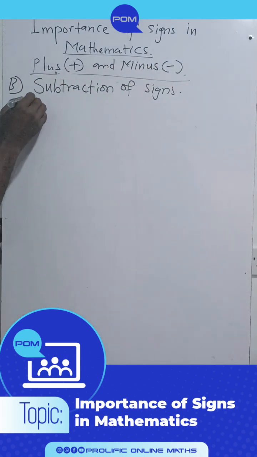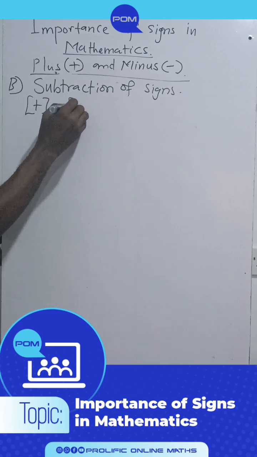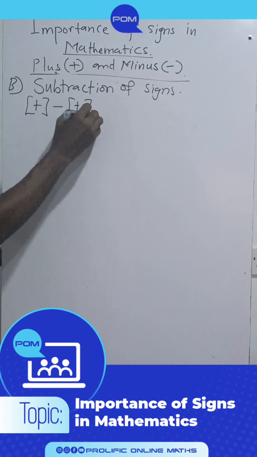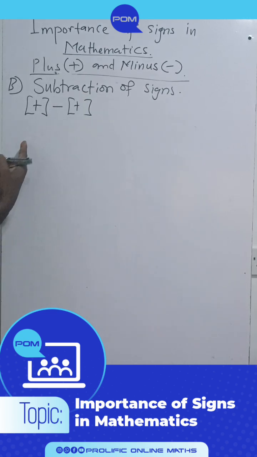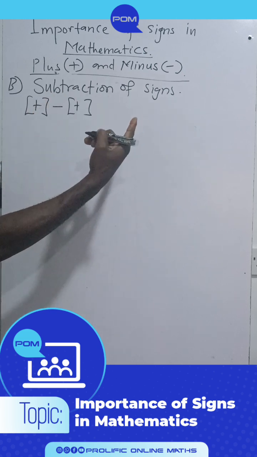If you have a subtraction, it means plus minus plus. What this simply means is that you are subtracting plus from plus.